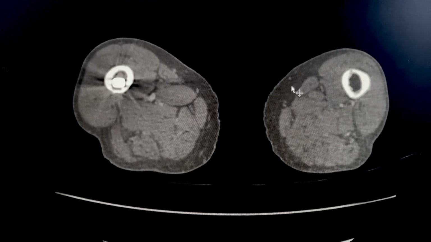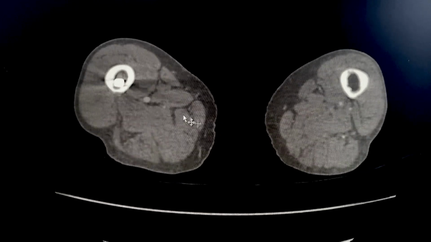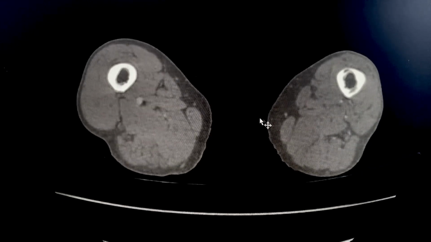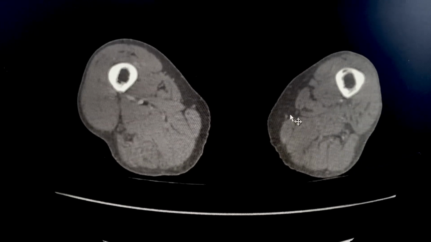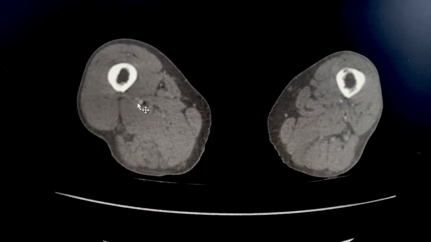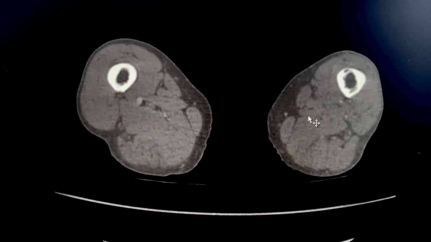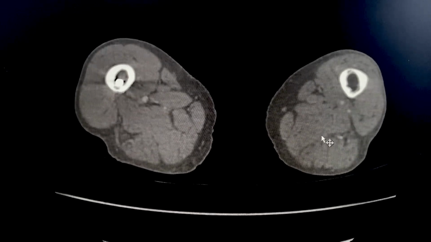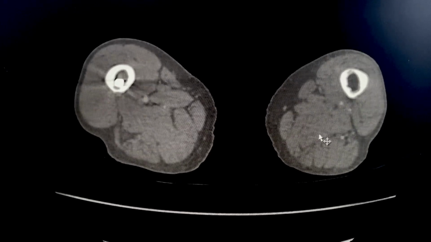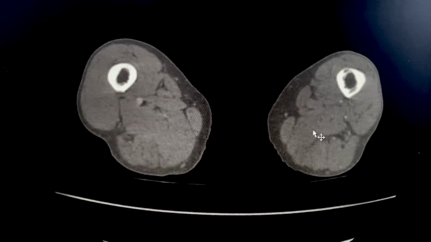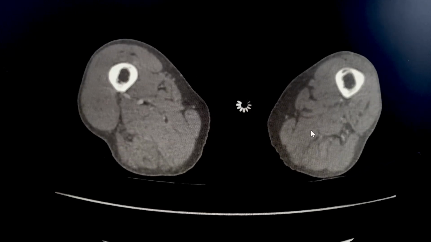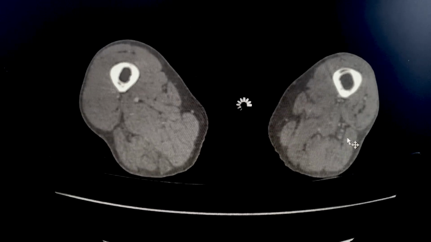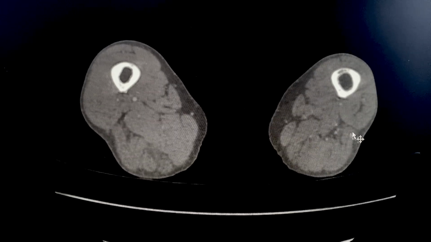The superficial femoral here is also occluded, both on the left as well as on the right. Of course, the right has some collateralization that feeds into the superficial femoral artery. However, both legs are in pain.